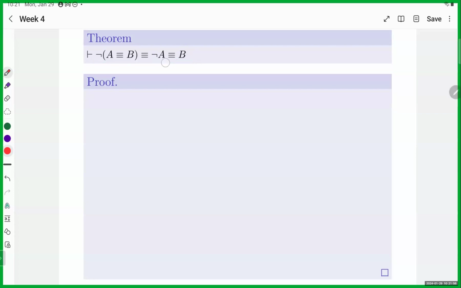Or you could start with the whole formula and show that this is equivalent to something that we've already proved, or we know it's an absolute theorem, could be an axiom, right? So there are many different choices. You could even start with this first and then end up with negation of A is equivalent to B.